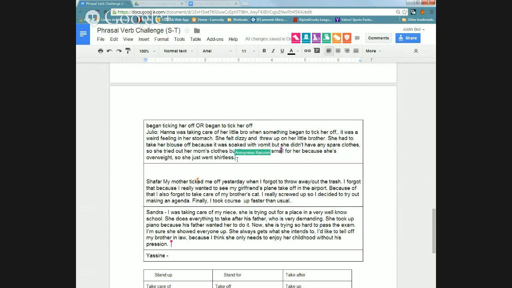Yeah, she went shirtless. But what I wanted to say is, maybe I didn't complete the idea, like, she took off shirtless to the hospital. Would that work? Oh, so she took off to the hospital shirtless. Yeah, if you want to talk about going somewhere. Yeah, I think so. But when you don't have a shirt, you go shirtless. Yeah. Okay, thanks. No, very good.